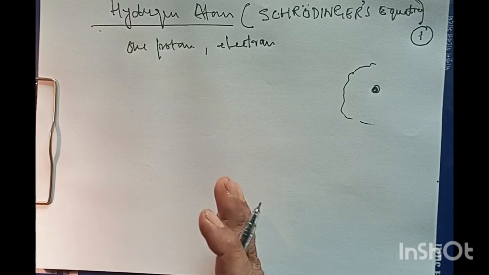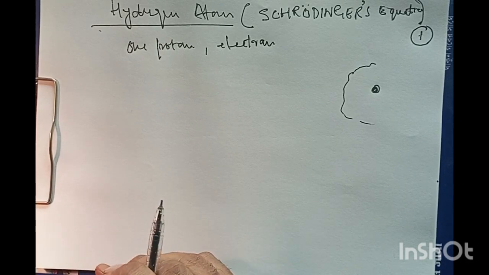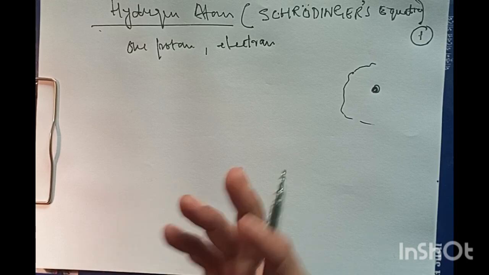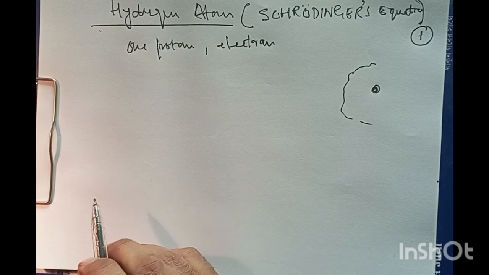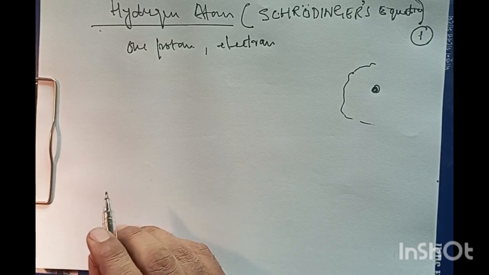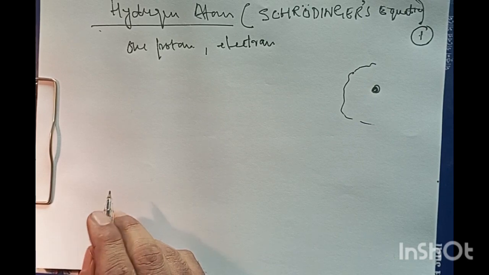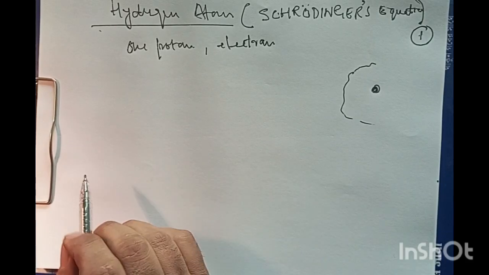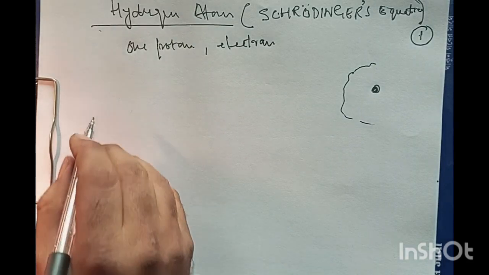If we go back to Bohr's theory, the correction for proton motion was simply a matter of replacing the electron mass by the reduced mass of the system. Now, let's write down the Schrodinger wave equation for the hydrogen atom in terms of Cartesian coordinates.